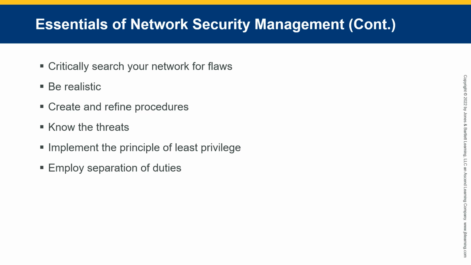So if you want to be a network security engineer, you have to be a network engineer first, and then you have to have the security on top of that. You need to be realistic out there. Honestly, be realistic about what can be done based on your budget and your capabilities.